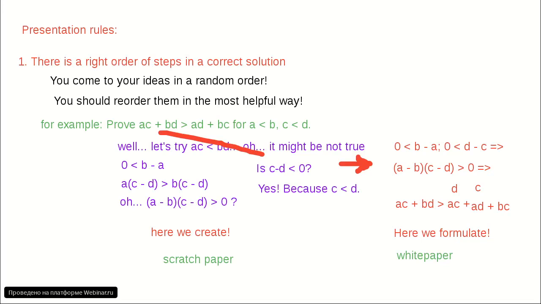Okay, and the last thing which I wanted to mention is another presentation rule, sort of a general one, which is valid not just for mathematics. It's text structuring.